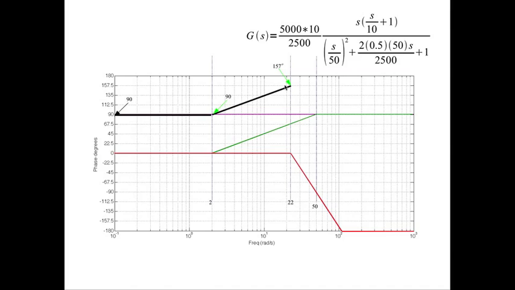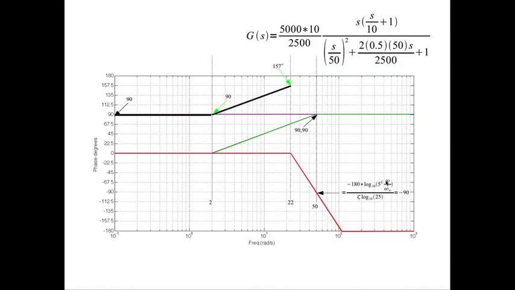Go to the next corner frequency, which is at 50 radians per second. Here the 0 at minus 10 becomes 90, and you add everything up. So this is 90 plus 90, one from the 0 at the origin and one from the real 0 at minus 10, and the contribution of the pole at 50 is given by minus 180 times log to the base 10 of 5 to the power of zeta times omega divided by omega n, divided by zeta times log to the base 10 of 25.